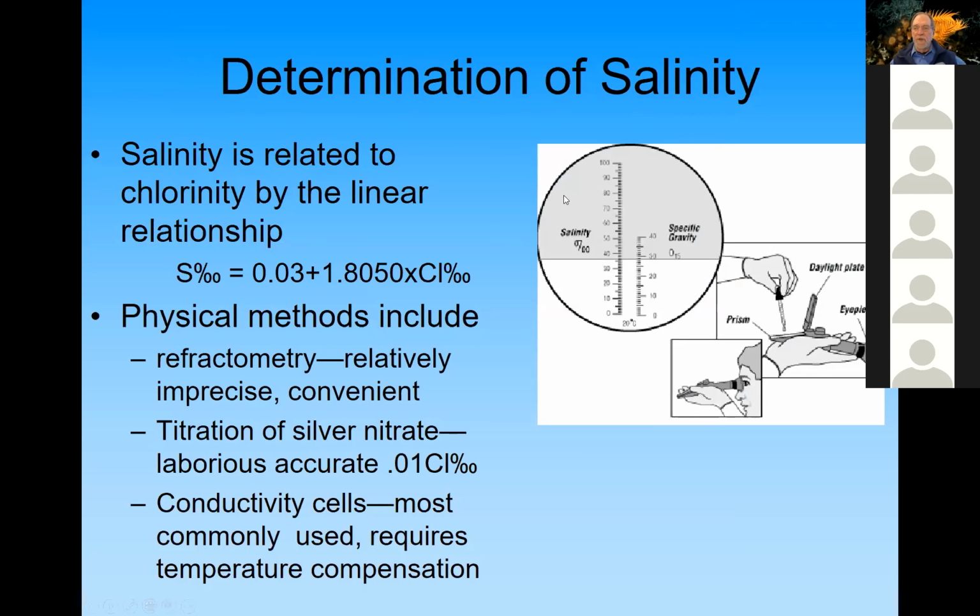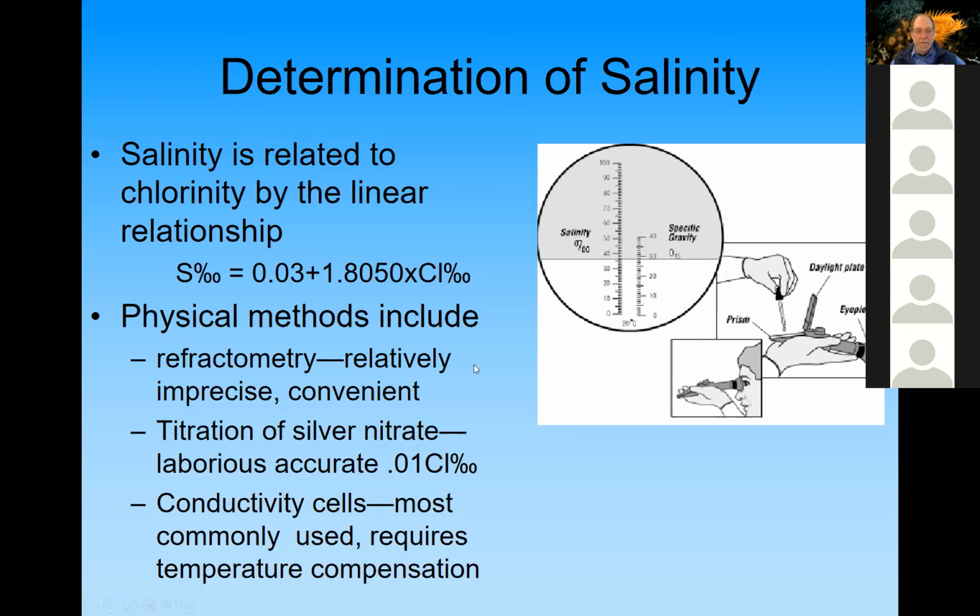If we want to measure salinity, what we're trying to do is measure the concentration of dissolved solids, salt, in the ocean. And salinity is calculated in terms of chlorinity. Salinity of the ocean is 1.8 times the chlorinity. This adjuster here is to allow for the other components of seawater.